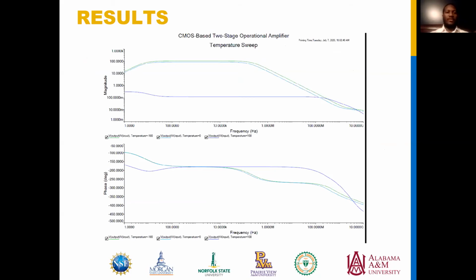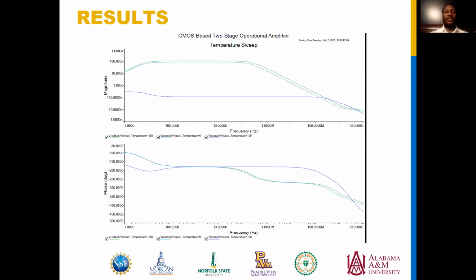In these graphs, CMOS-based two-stage operational amplifier temperature suite. The x-axis would be on the frequency, and the y-axis the magnitude. The magnitude will start at 10. And when the frequency increases, the magnitude will increase.